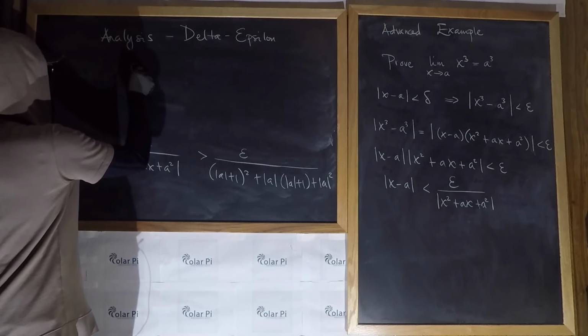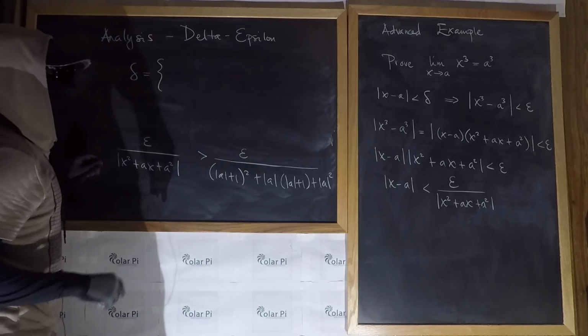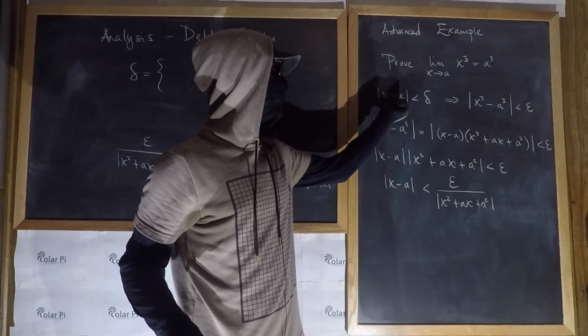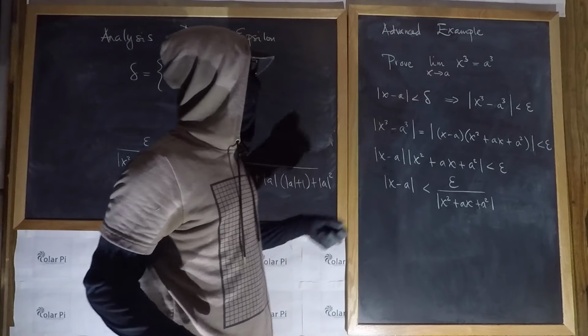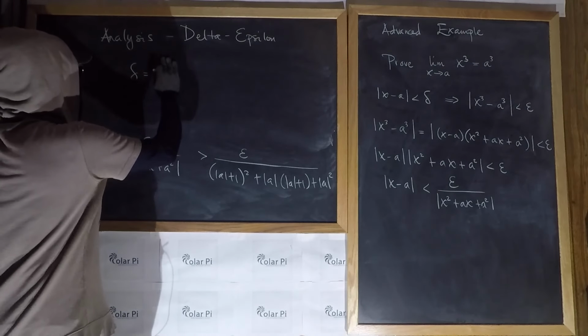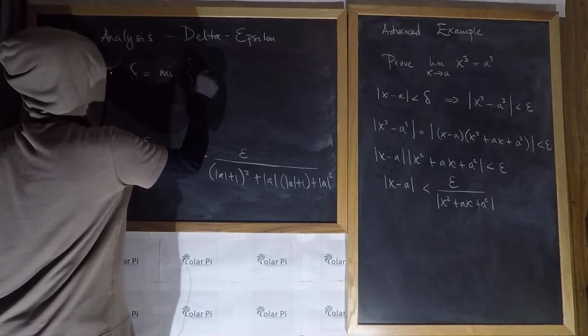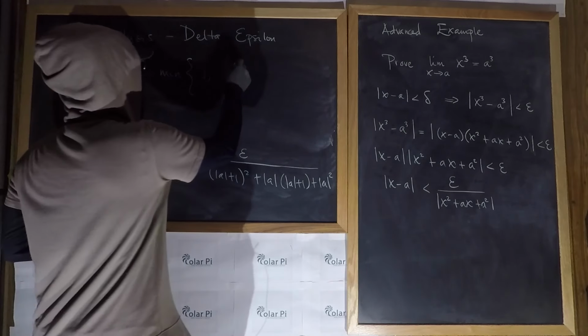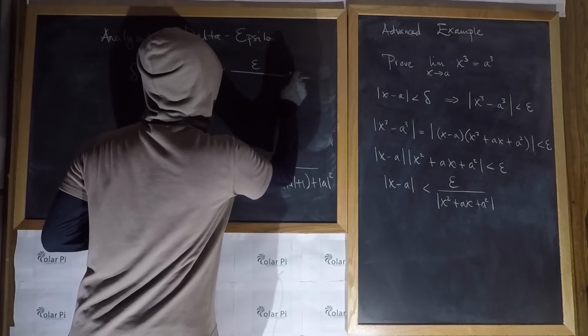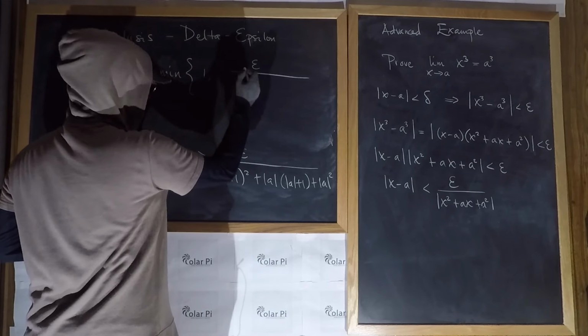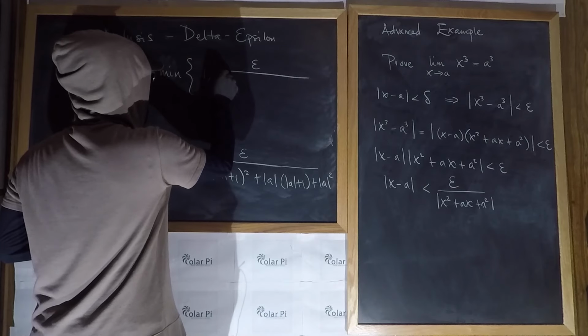Let delta equal, remember we've put a cap on the absolute value of x minus a to be less than 1, so let delta equal the minimum of 1 or epsilon over this.